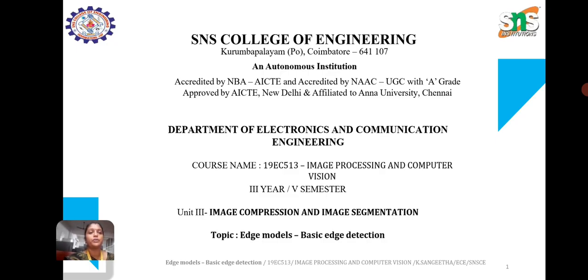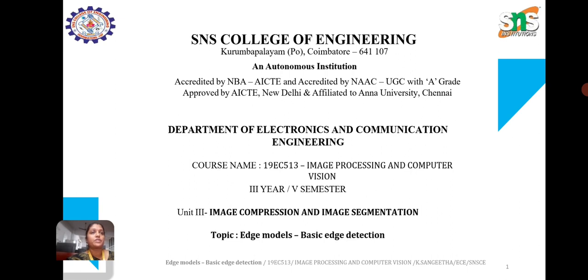So in the last video, we discussed image segmentation and detection of isolated points. Let us have a small recap of image segmentation. Image segmentation is a basic, crucial step in image processing and computer vision that involves dividing an image into meaningful regions or segments.